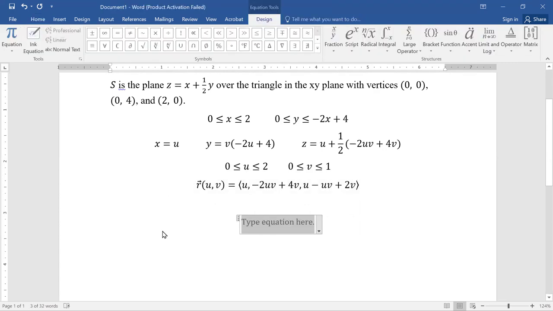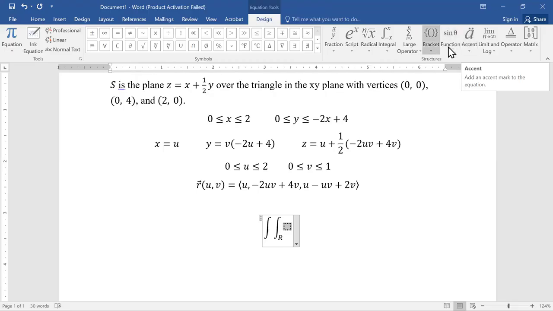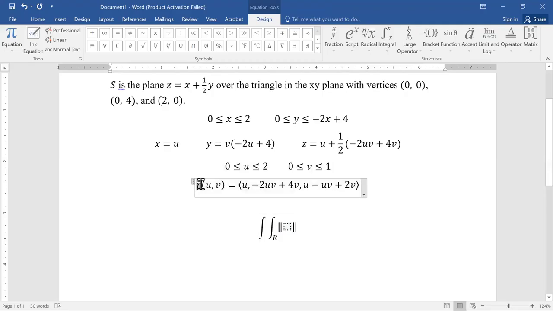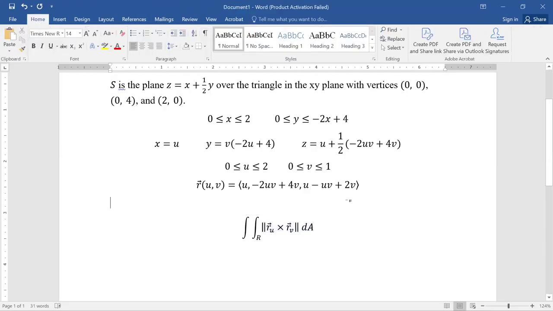So in other words, I need to figure out the magnitude of, I'm going to write this copy, r sub u cross product with r sub v in order to do my integration. So now let's find that cross product.